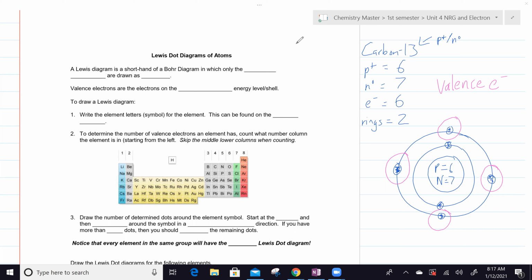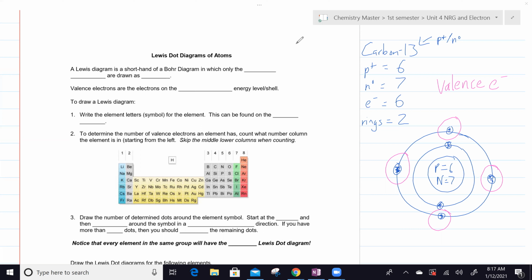An easy way for us to know how many valence electrons we have is to do a Lewis dot diagram. It is helpful because we start using Lewis dots to show electrons either moving or being shared. So that's the two ways you can stick together. You can either say, hey, I don't want this electron, you can have it, or we can say, hey, let's share electrons.